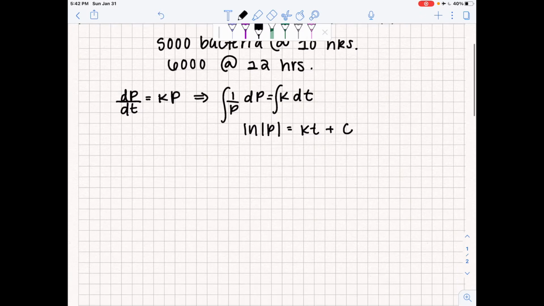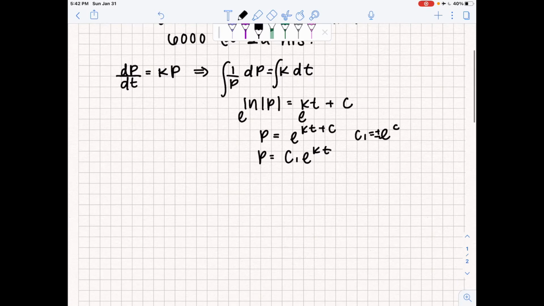And then from here we will raise each side to e, and that will give us p equals e to the kt plus c, which can simplify to p equals c1 e to the kt, where c1 equals e to the c, plus or minus.